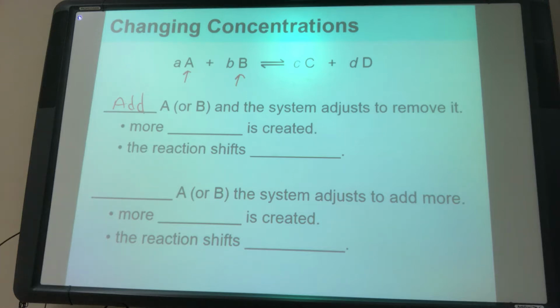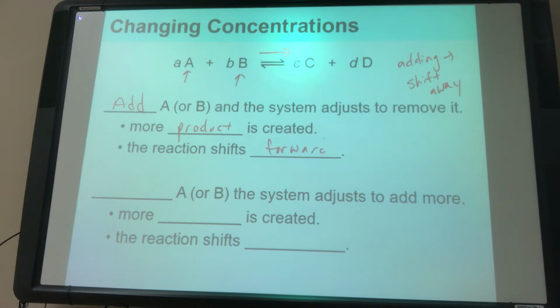To remove it, I need to use it up. So if I increase these, I'm going to shift away. If you add it, you shift away. So if I shift away, I'm going to make more product, and the reaction shifts forward.